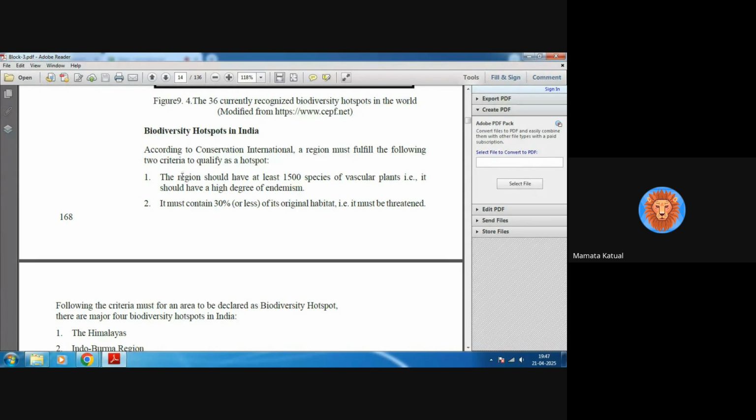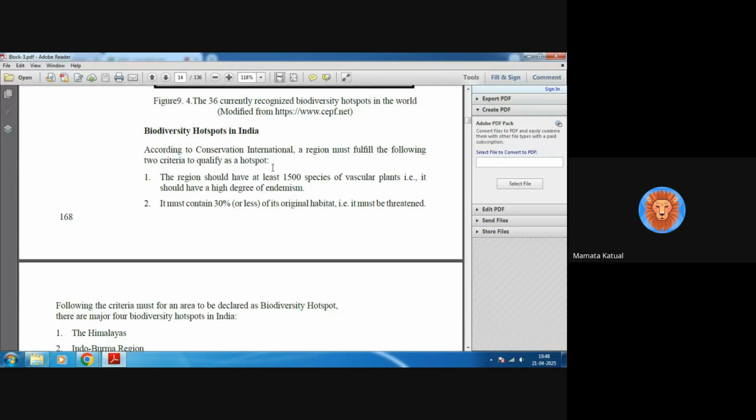So to qualify as a hotspot, the area or the region must qualify these two criteria. The region should have at least 1500 species of vascular species. That means it should have endemic species, and it must have lost more than 70% of its original habitat or the vegetation.